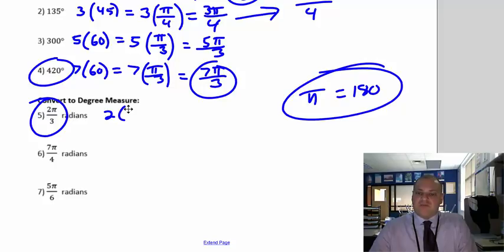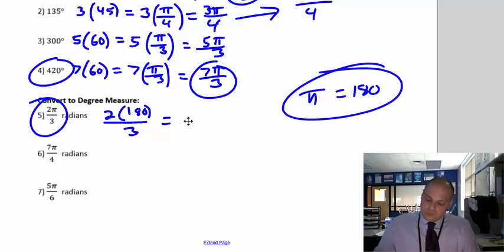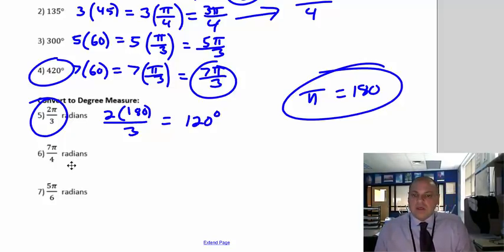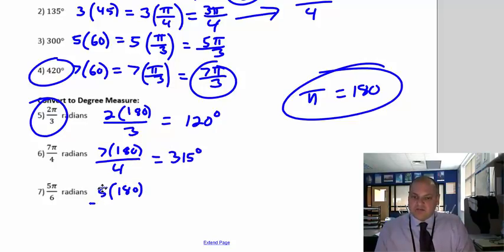So you could say 2 times 180 divided by 3. 360 divided by 3, that's going to be 120. This one's 7 times 180 divided by 4, and that's going to be 315. And this one's 5 times 180 divided by 6. Just use your calculator, and that's going to be 150.